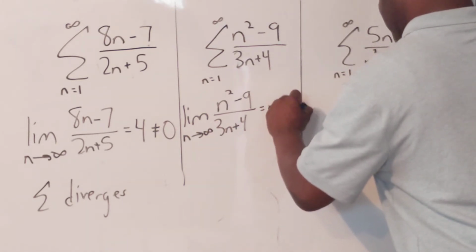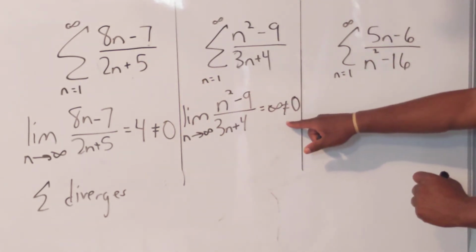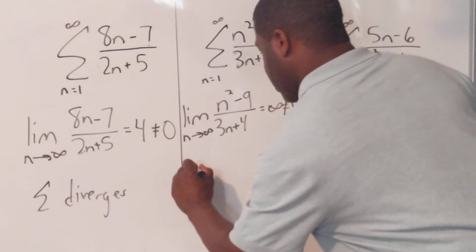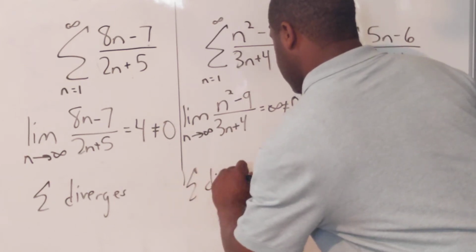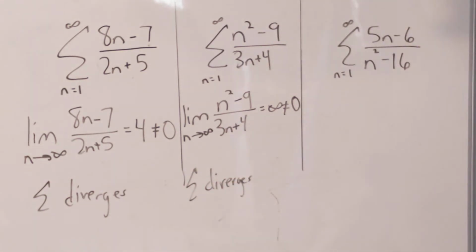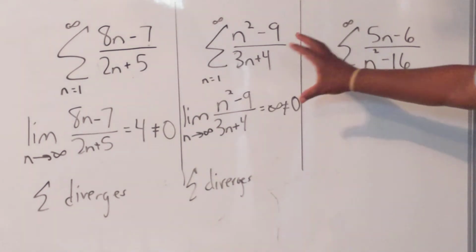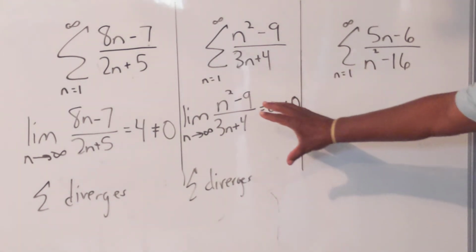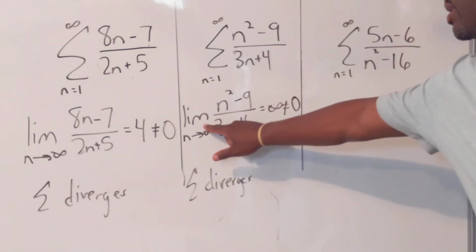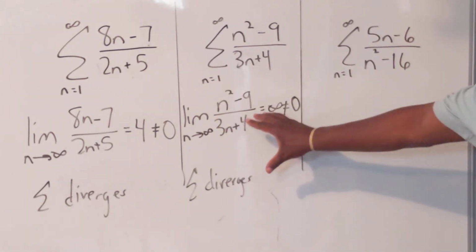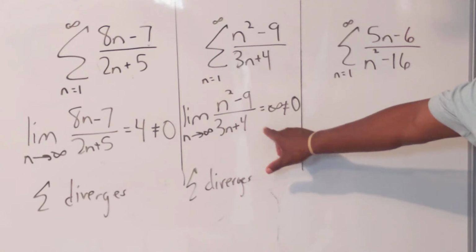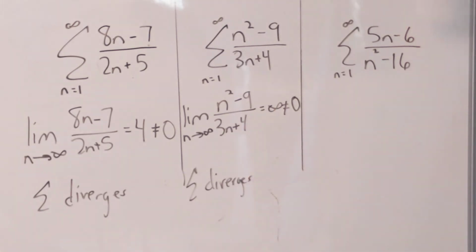Infinity does not equal 0. Therefore, this series diverges. All right. Once again, we're given a series. We evaluate it as a sequence. Depending on what happens with this sequence, that tells us what's happening here.